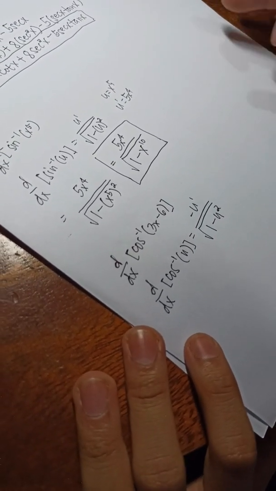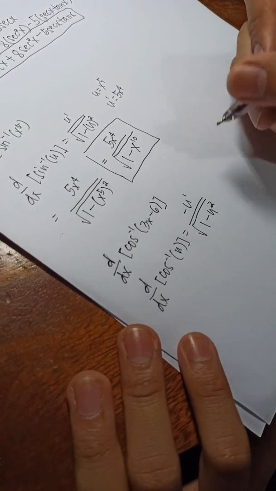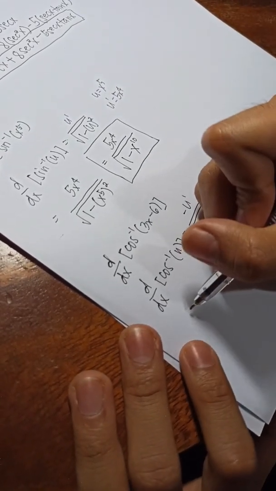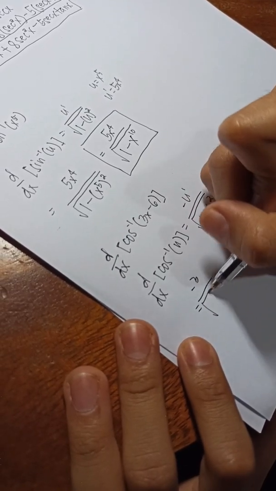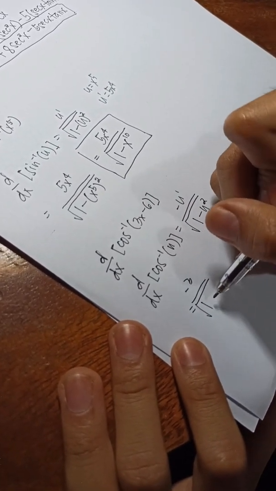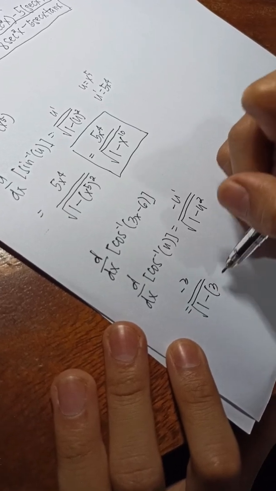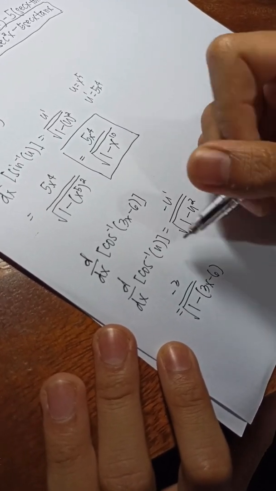So by applying the trigonometric identity, this would give us negative 3 over the square root of 1 minus (3x minus 6) squared.